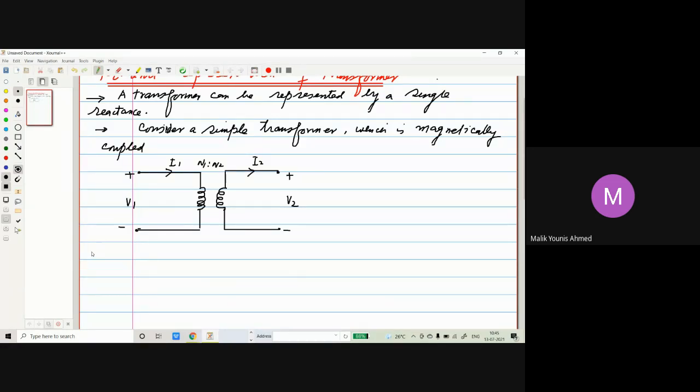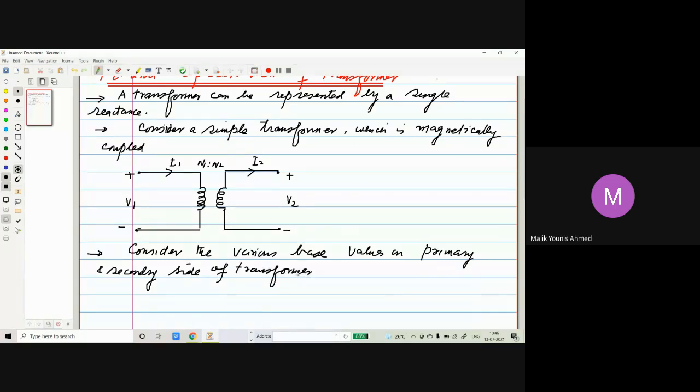Consider the various base values on the primary and secondary side of the transformer.